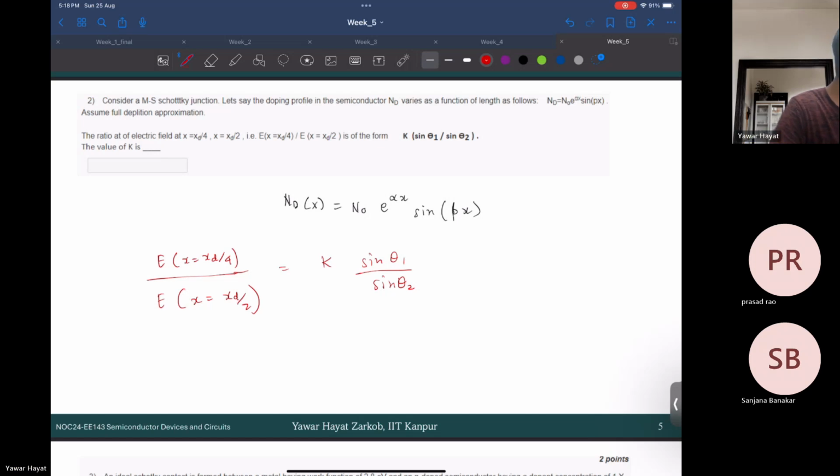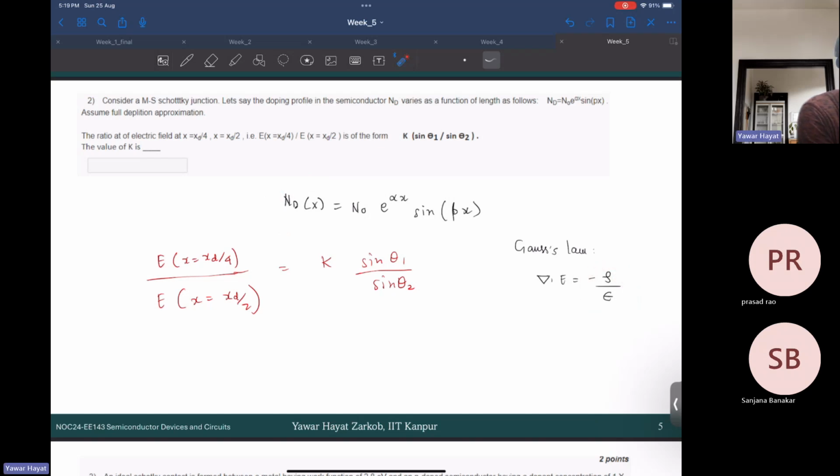Now from Gauss's law we have the following: del dot E is minus rho by epsilon. You probably know this term.